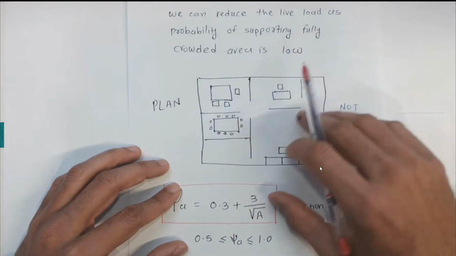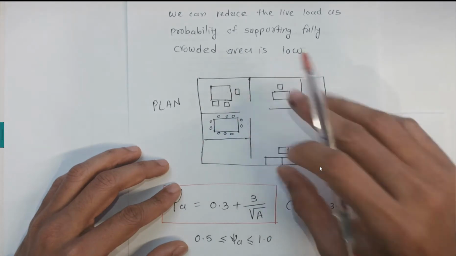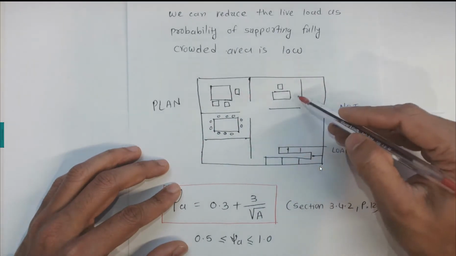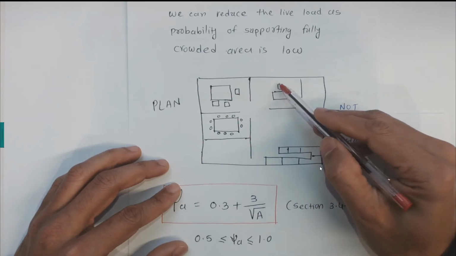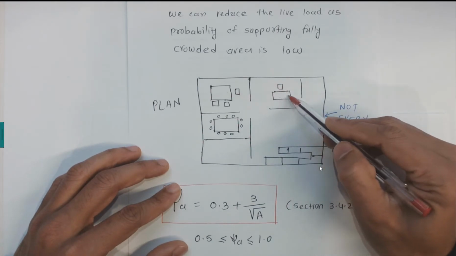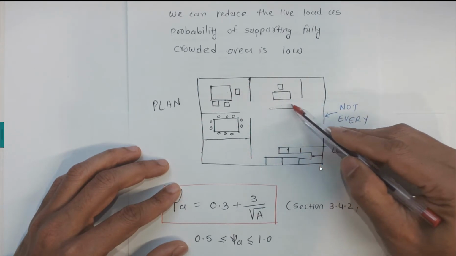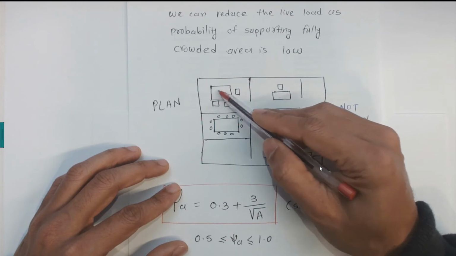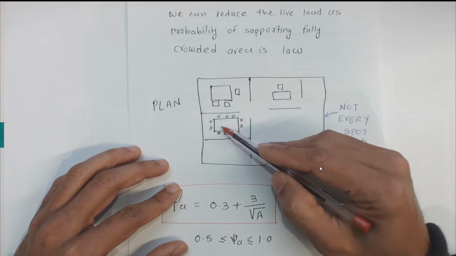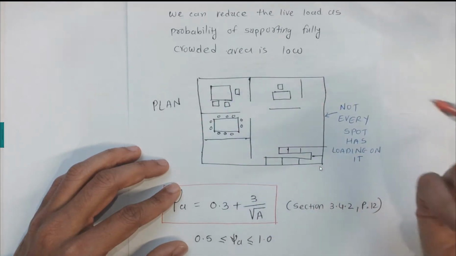When I calculate the live load for this office floor, not every spot has a loading on it. If I take the table and chair, the live load is applicable only for this particular area. There is no loading here. Similar concept here, we have the table here and the chairs here. So not every spot of the floor plan has a live load.